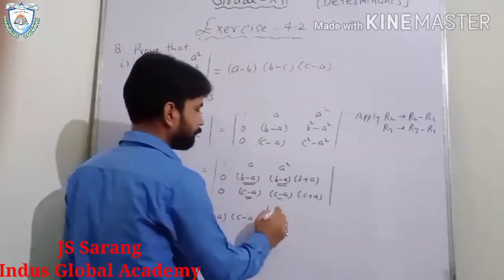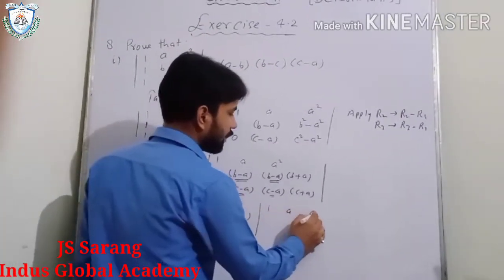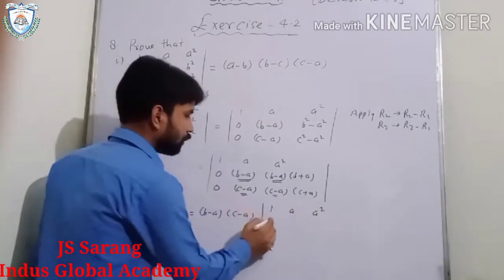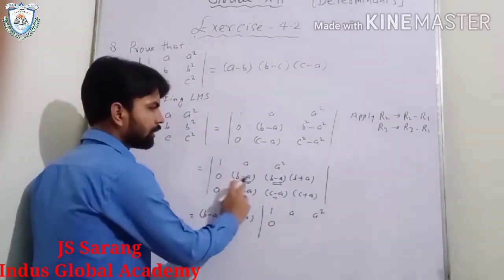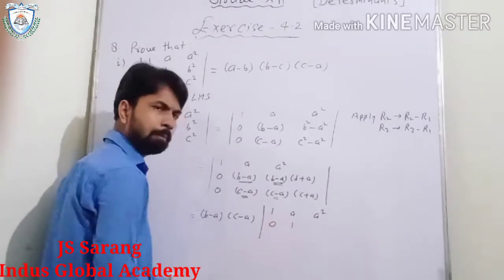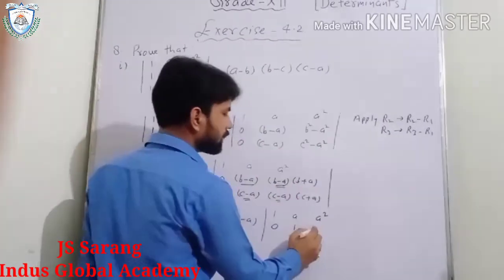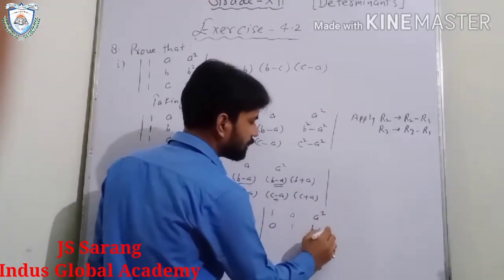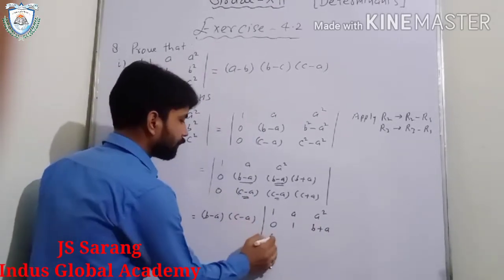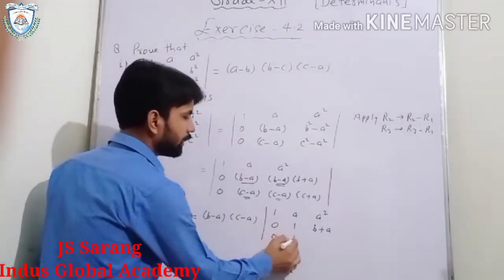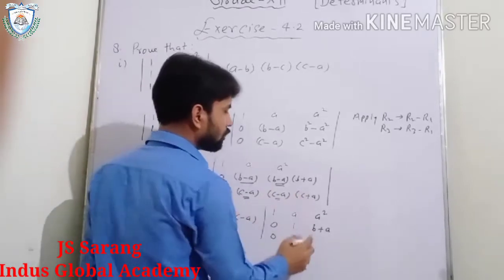So what is left? 1, A and A square. 0. B minus A is common. So what is left here? 1. B minus A is common. So what is left here? B plus A. 0. C minus A is common. So it is 1. C minus A is common. So what is left?